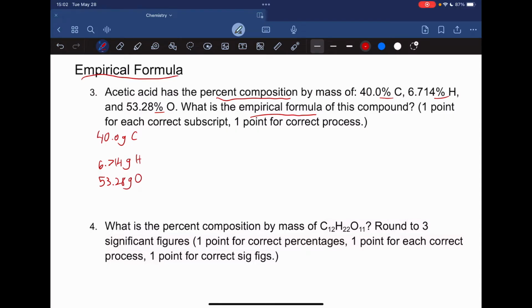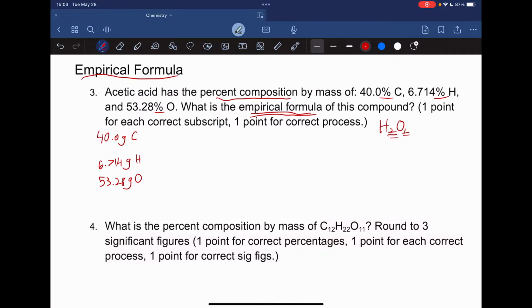And what we're going to try to do, in order to get empirical formula, let's remind ourselves, empirical formula is something like H2O. It is the lowest ratio of the subscripts. 2 and 1 is the lowest ratio you can have while being whole numbers. And it's the ratio of the subscripts. So we need to know how many atoms of hydrogen for every 1 atom of oxygen.